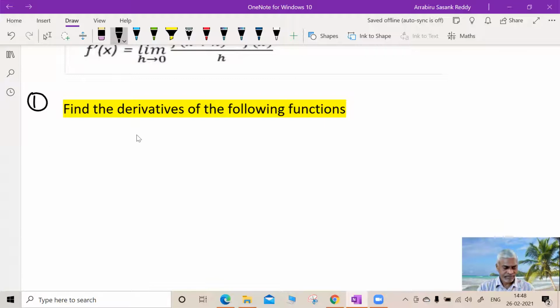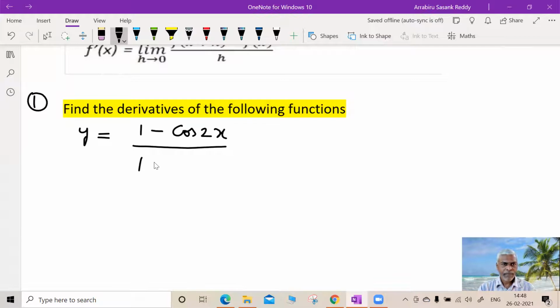The first one, 1 minus cos 2x by 1 plus cos 2x.